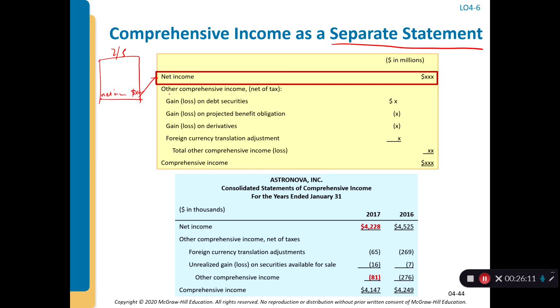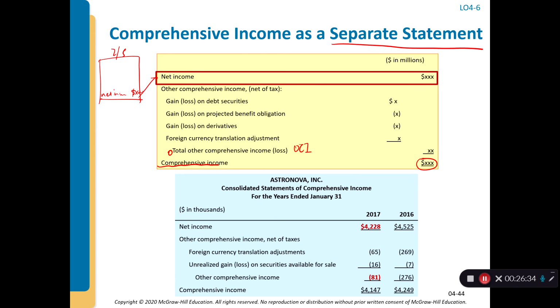Then you list the other comprehensive income items, such as gains and losses on debt securities, gains and losses on projected benefit obligations, gains and losses on derivatives, and foreign currency translation adjustments. All of this you call the OCI total, and then you present the comprehensive income number.